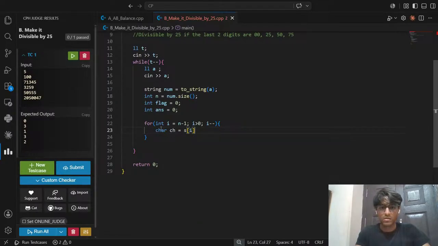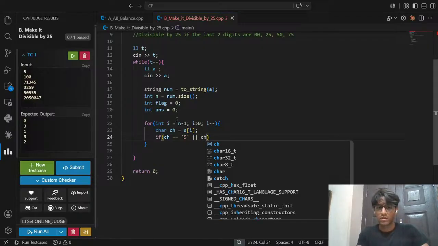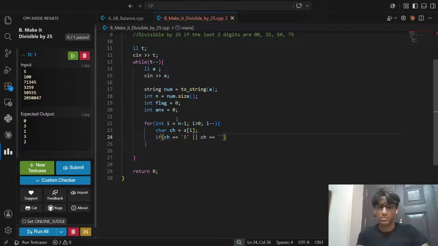So if CH plus is equal to... CH is equal to 5 or 0. CH is equal to 5 or CH is equal to 0.